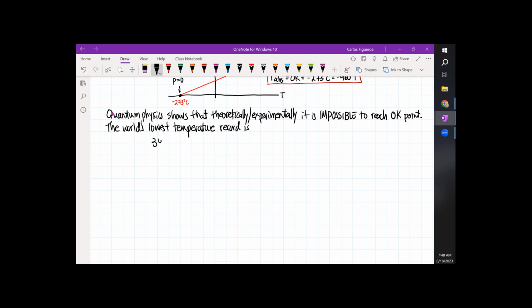They got 38 trillionth of a Kelvin. And that means that this is 38 times 10 to the minus 12 Kelvin. But this, of course, is not 0 Kelvin, right? So this is the world record here.